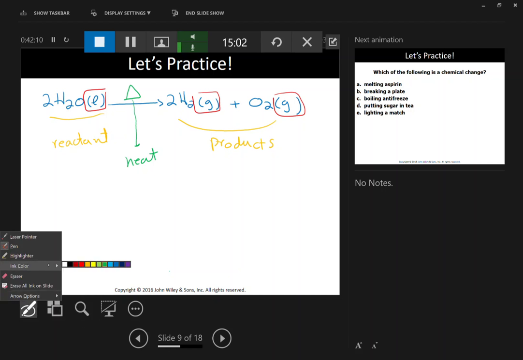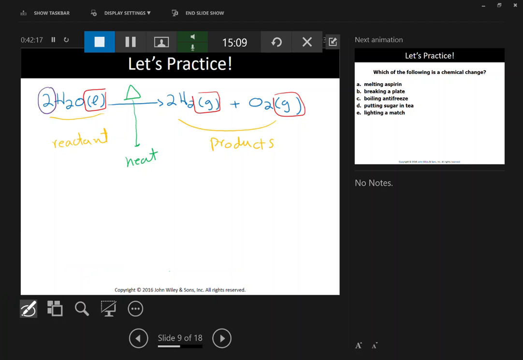The other information that you can get from chemical equations is these coefficients that come right before any chemical formula. We will learn later on that these represent the ratio between the reactants and products. What does it mean?